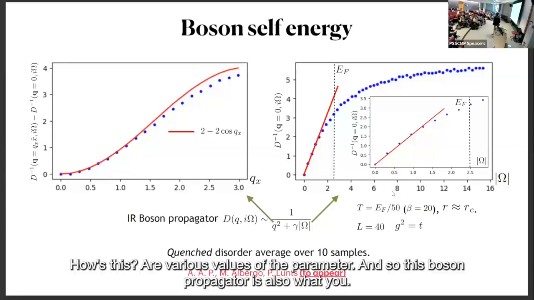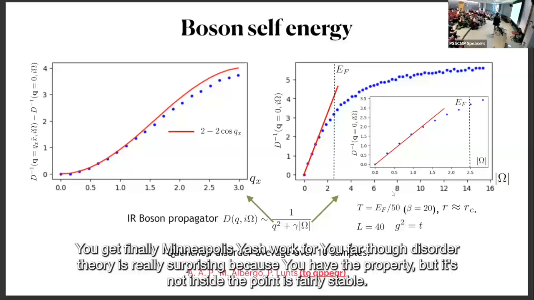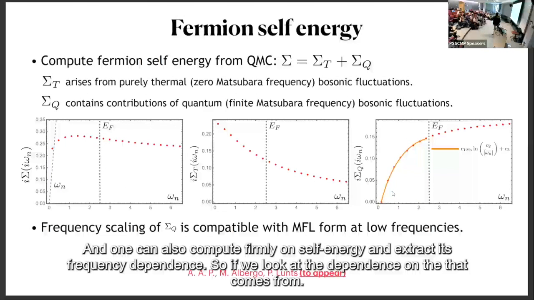This boson propagator is also what you get by doing Migdal-Eliashberg for the disorder theory. It's not really surprising, because they have the property that this large N saddle point is fairly stable. And one can also compute the fermion self-energy and extract its frequency dependence.